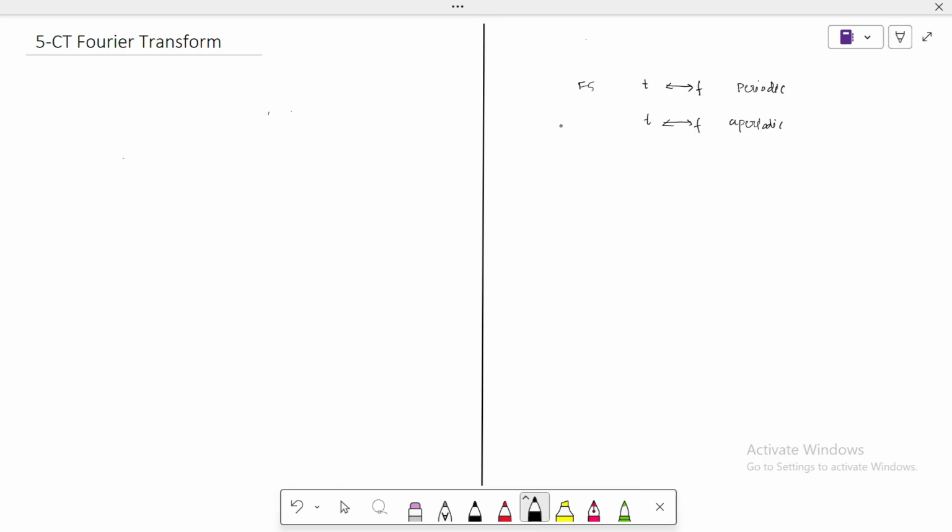That is the advantage of the Fourier transform over the Fourier series. Then we go for how to find the conversion between the signal in the frequency domain and the signal in the time domain.